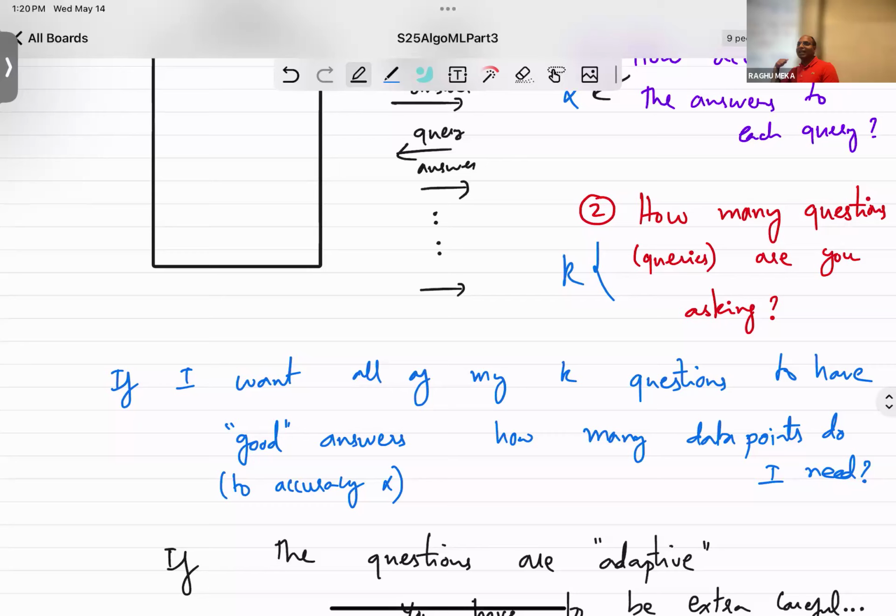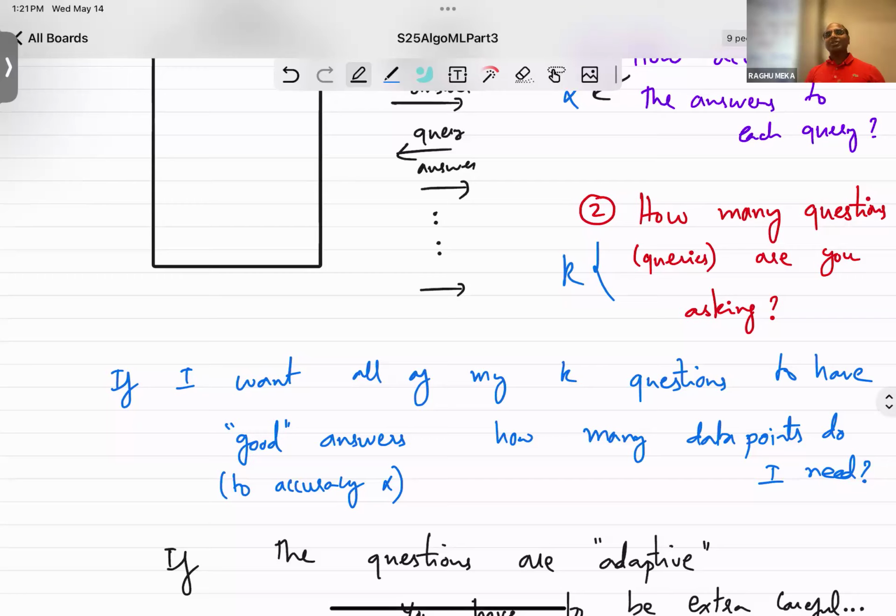Because I only decided to ask the second question after seeing the answer to the first one, right? And one of the ways this gets abused in some studies is, for example, you keep asking this question of, let's say, I want to know, okay, what fraction of people are experiencing some symptom? Like, let's say, what fraction of people are feeling depressed?